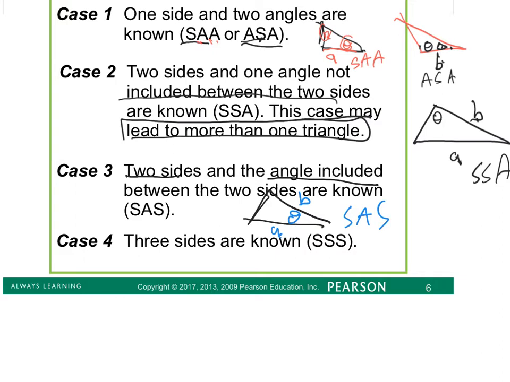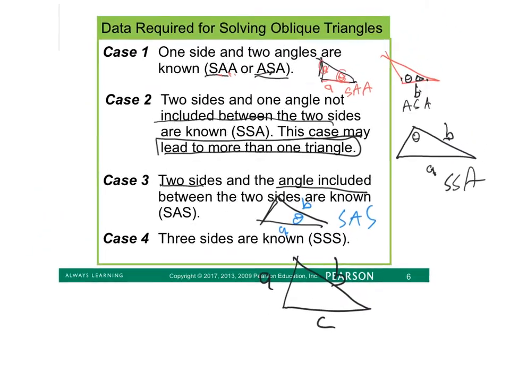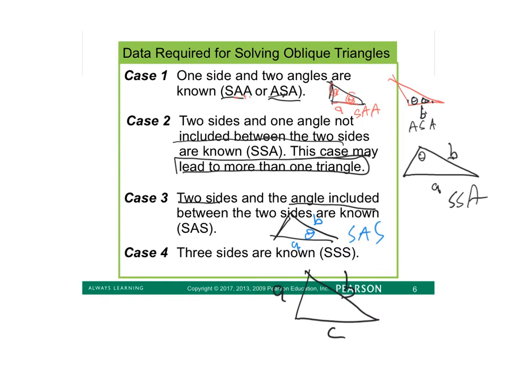And then the last case is you could have a triangle, and all you know is the sides, A, B, C. You know those sides. Each of these have their own situations that come up. So we're going to explore a couple. Here, I don't see three angles on there.